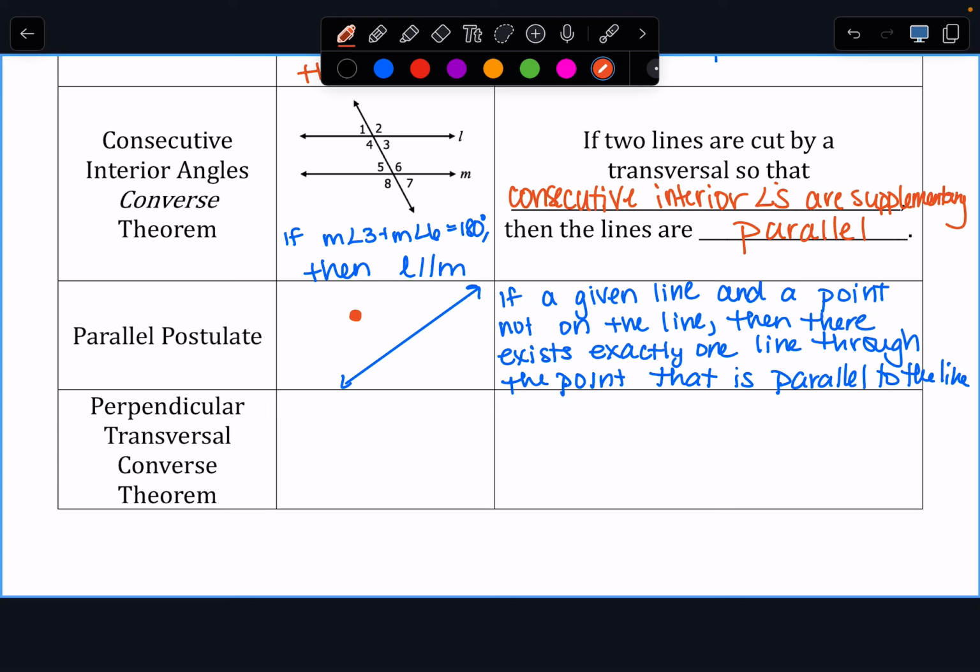This is saying I can only draw one line through that coral point that is going to be parallel to the blue line that I drew. Does that seem reasonable? Yeah. We good? Kind of? Why only kind of?